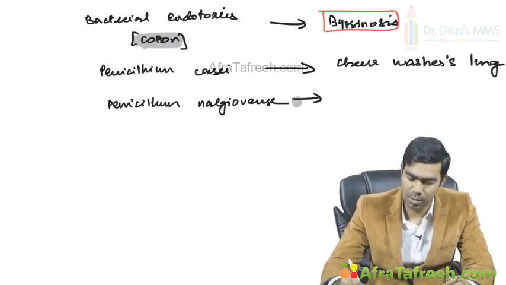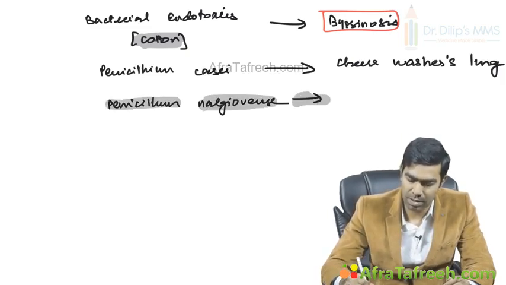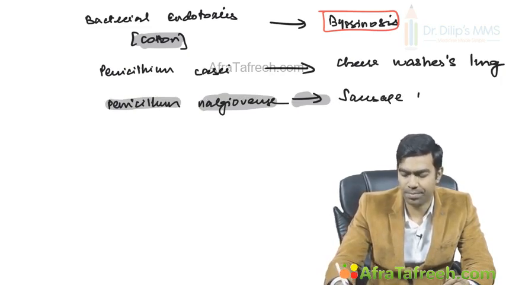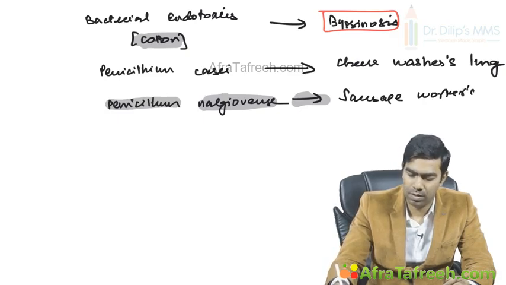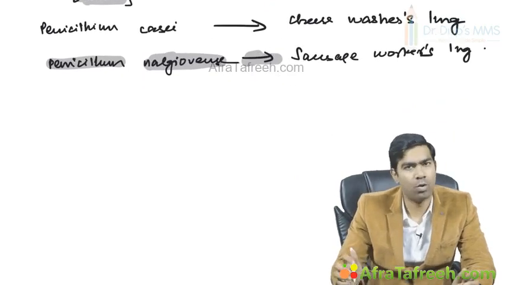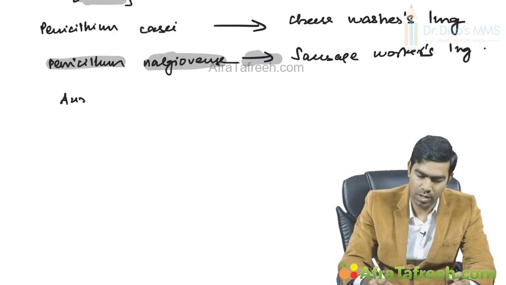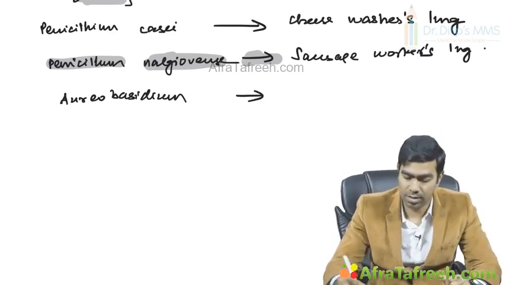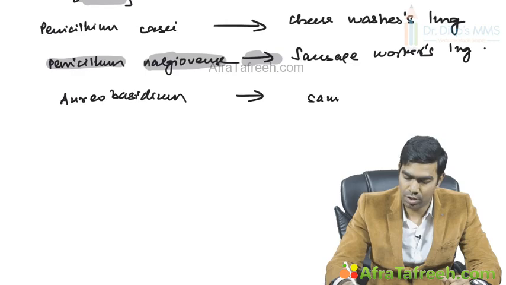If you get hypersensitivity pneumonitis because of this Penicillium nalgiovense, it is called sausage worker's lung. Sausage worker's lung. And finally, only three more are there. One is Aureobasidium species microorganisms. If it is due to Aureobasidium species, this is called sauna taker's lung.